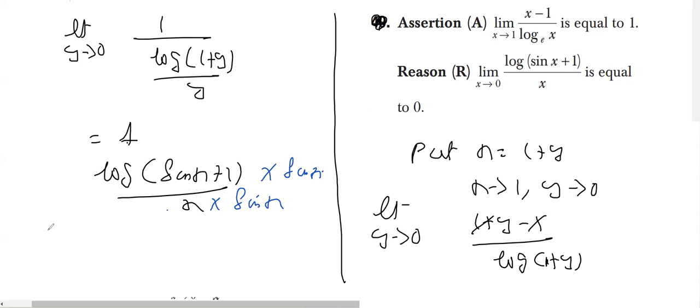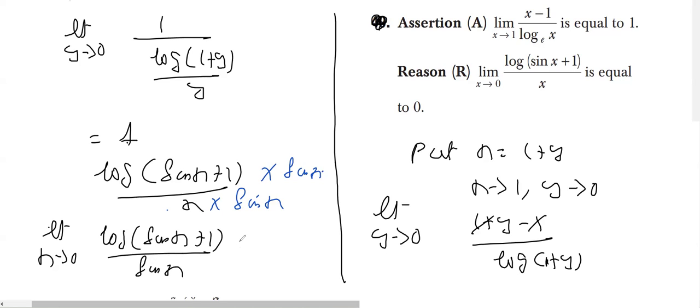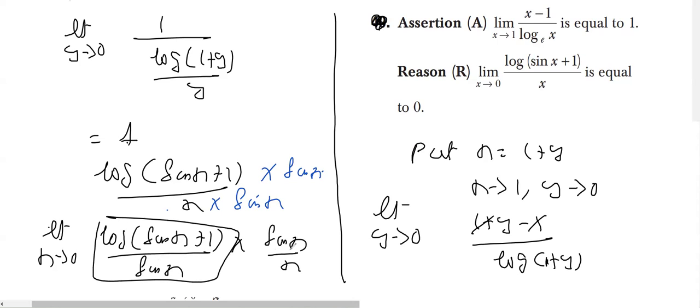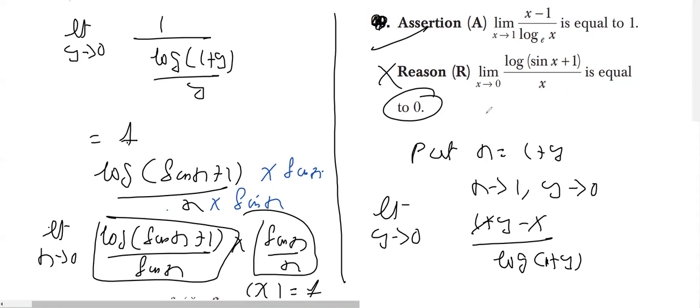Now rearranging them, limit x tends to 0, log sin x plus 1 over sin x, into sin x over x. Now, since x tends to 0, sin x tends to 0. This way, this will give you 1, and applying sandwich, you'll get this 1 again. So 1 into 1 should give you 1. But it's saying 0. Therefore, assertion is correct and reason is false. Therefore, in that case, C is the correct answer.